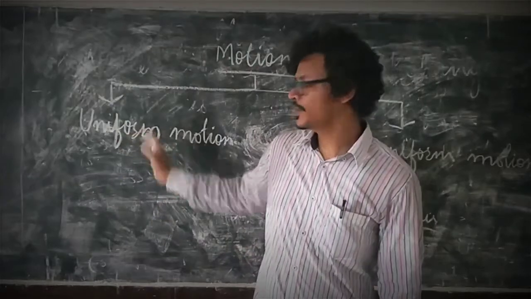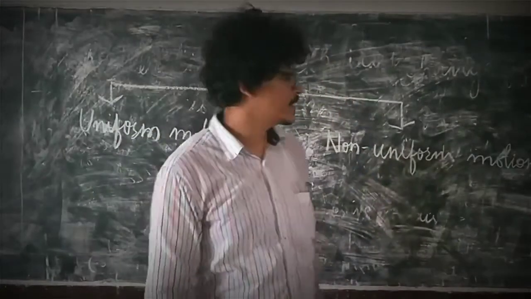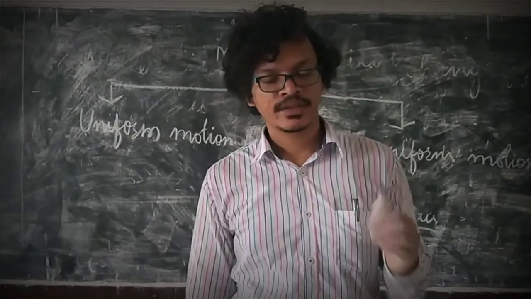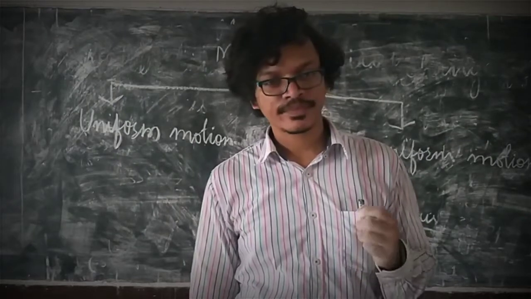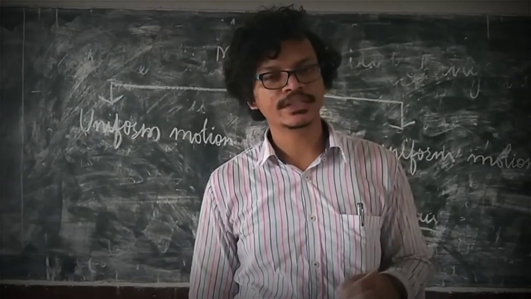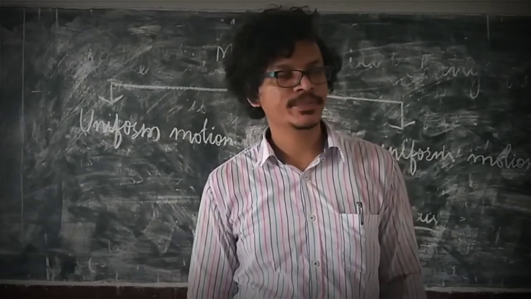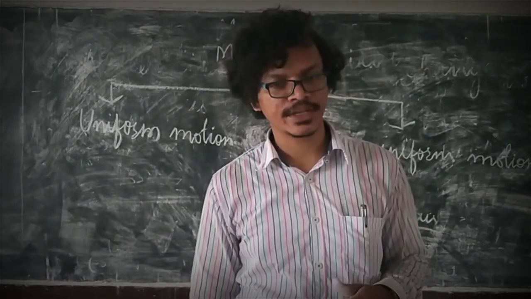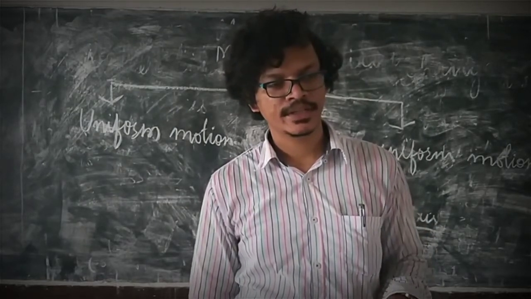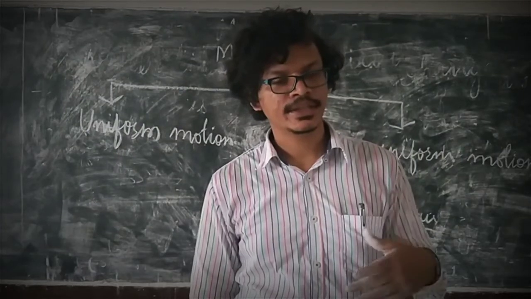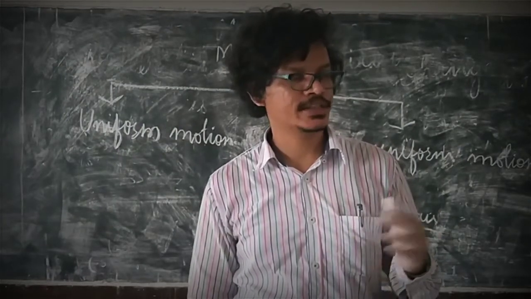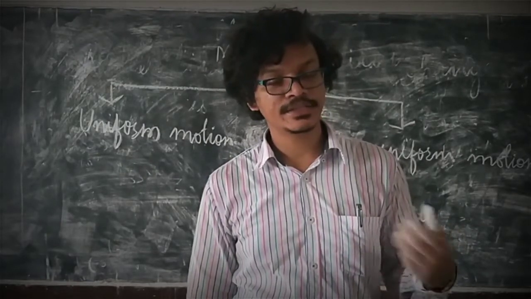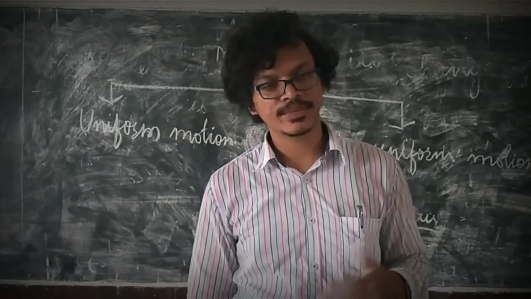That is uniform motion. What is non-uniform motion? In non-uniform motion, an object covers unequal distance in equal intervals of time. That means if in the first 2 seconds he covers 10 meter, then in the next 2 seconds he covers 5 meter, then 3 meter, and then 12 meter, the distance traveled is not equal in every interval of time.